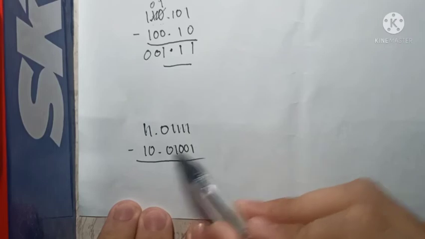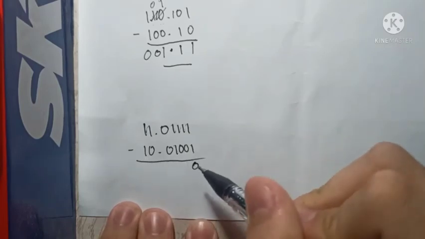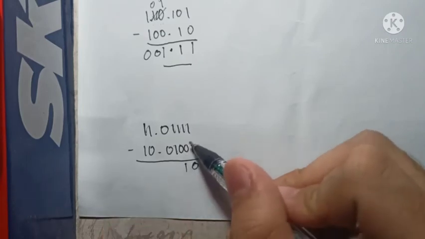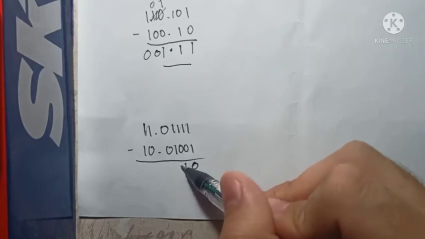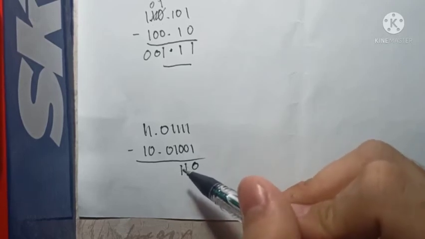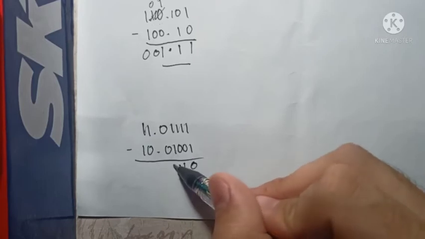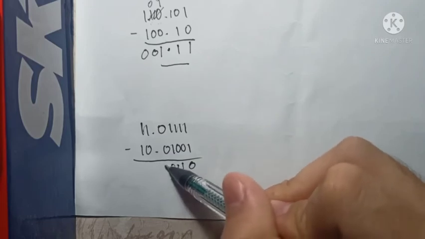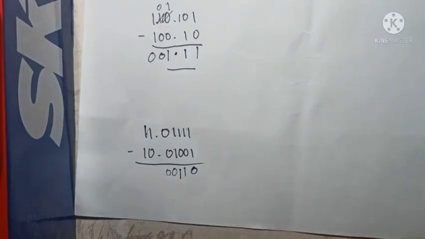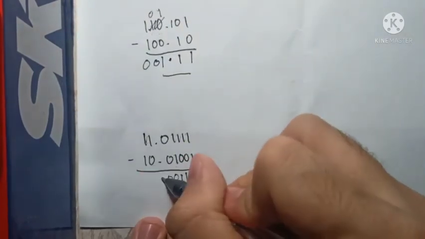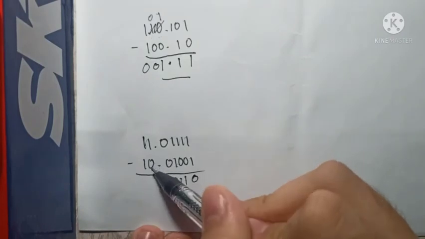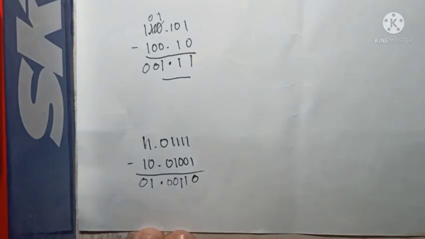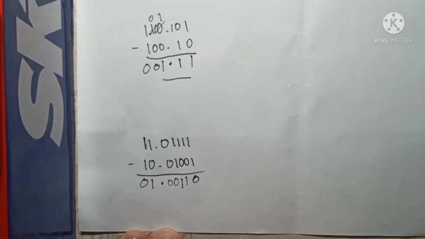Let's start. 1 minus 1 equals 0. 1 minus 0 equals 1. 1 minus 0 equals 1. 1 minus 1 equals 0. 0 minus 0 equals 0. Decimal point. 1 minus 0 equals 1. 1 minus 1 equals 0. So this is our answer for our third problem.